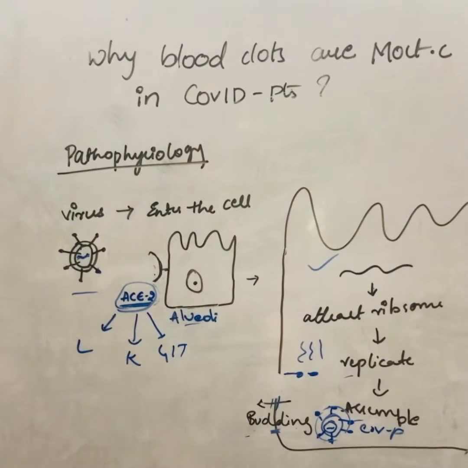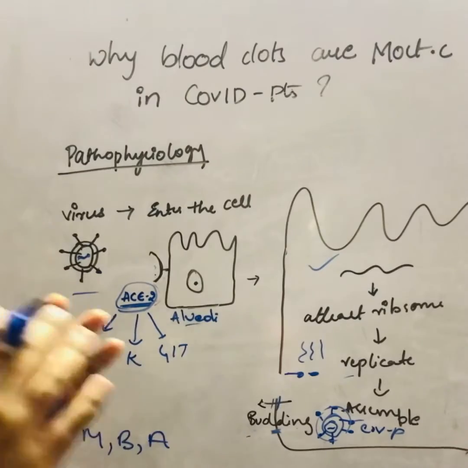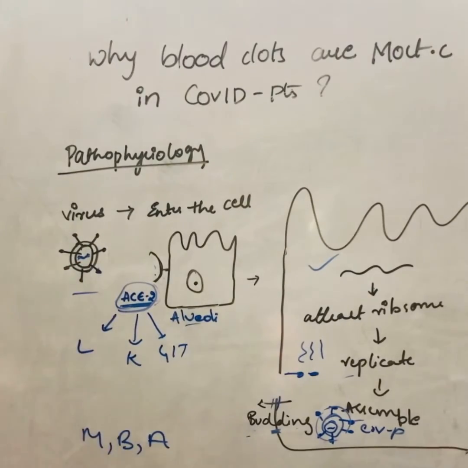To assemble that, this virus needs envelope protein. We already read before that envelope proteins are helpful in the maturation, budding and assembling of the virus. Because of that protein, this virus will get its structure.